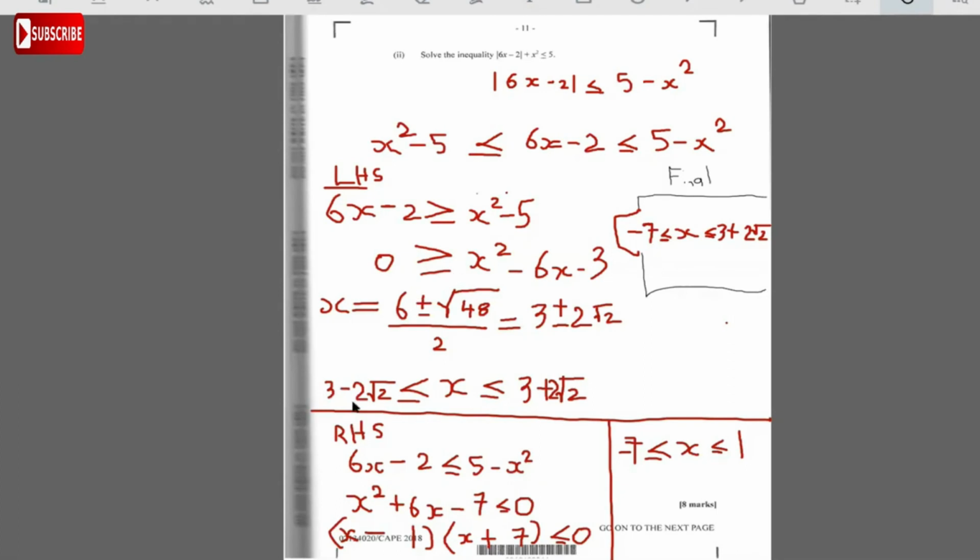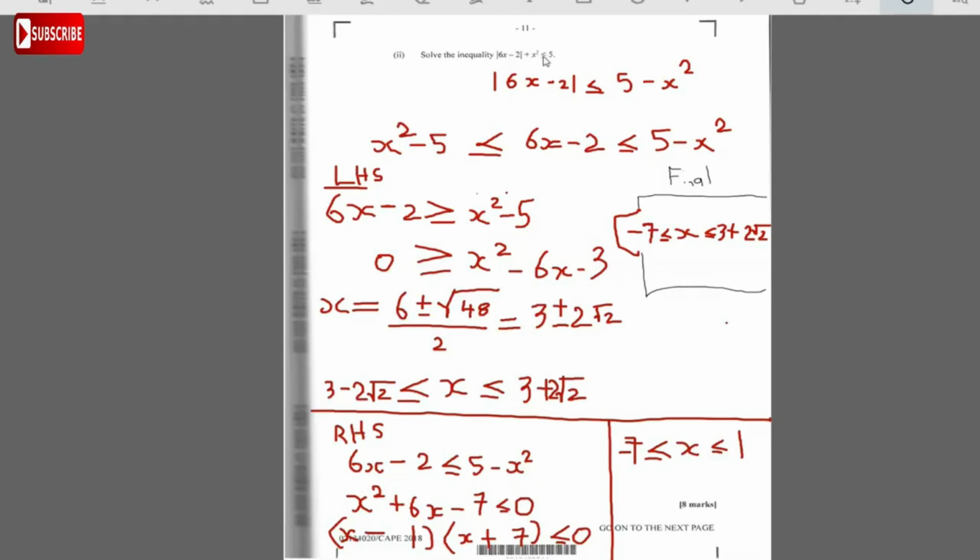Let's check it from negative 4. 6 times negative 4 minus 2 plus negative 4 squared. 6 times negative 4 minus 2 is 26, and 26 plus negative 4 squared is 42.